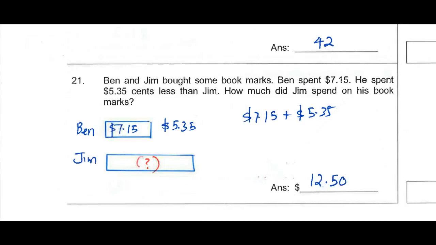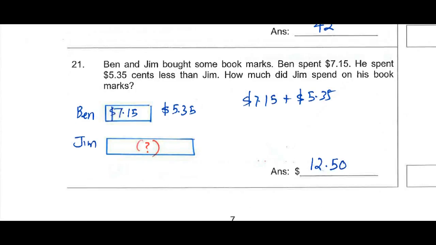Now we have Ben and Jim, who bought some bookmarks. Ben spent $7.15. He spent $5.35 less. The keyword here is less, less than Jim.